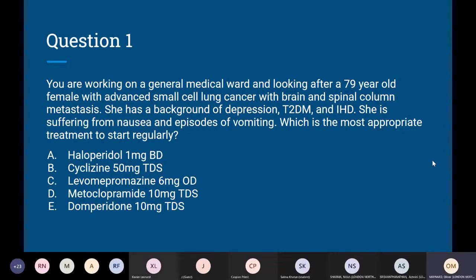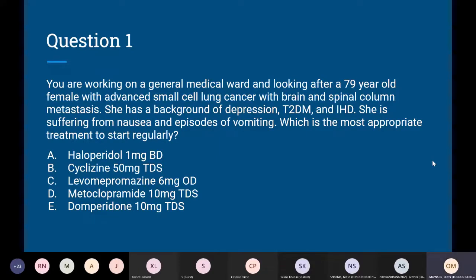I'll wait until you stop voting or stop changing your votes, and when it's settled, then I'll close the poll and give you the answer. Okay, so it seems like we're set on the positions now, so I'll stop that there.